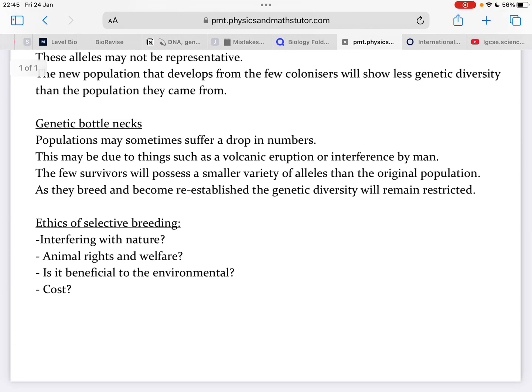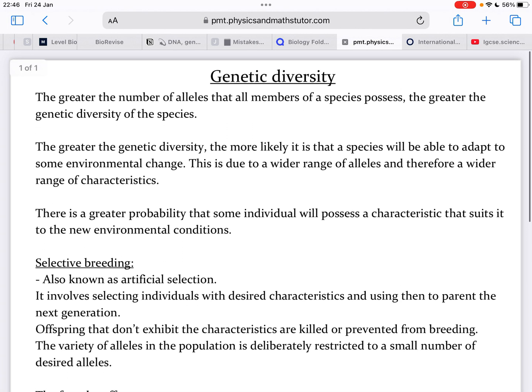Isn't it costly that you help in reproducing these things, and then when you don't like them, you just stop that, you try your best not to make them breed with each other? Is it beneficial to the environment? Is it animal rights and welfare? Where are the animal rights over here?